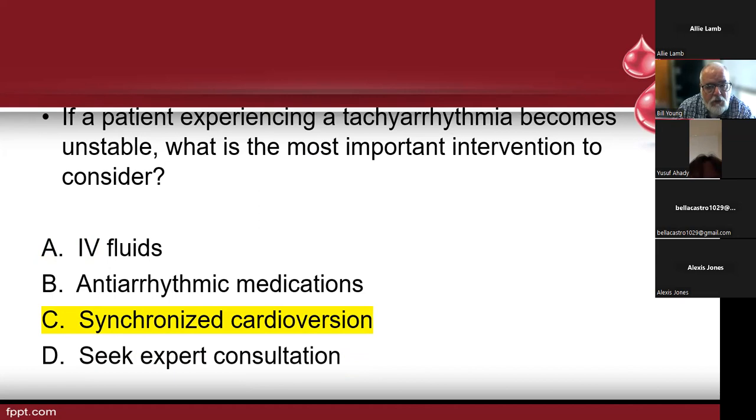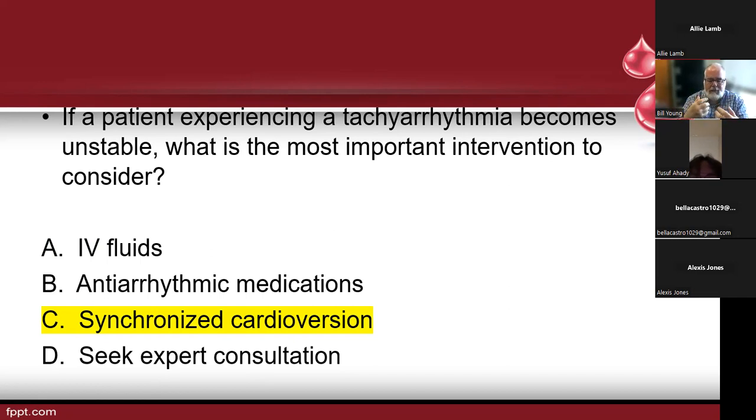Guys, when you are doing both your written and your mega code tomorrow, make sure that you're able to differentiate between defibrillation and cardioversion, okay? And so again, I would encourage you to probably use the term synchronized cardioversion.